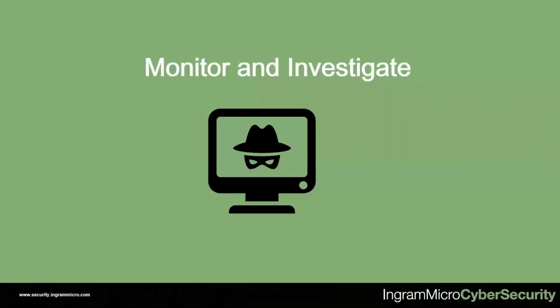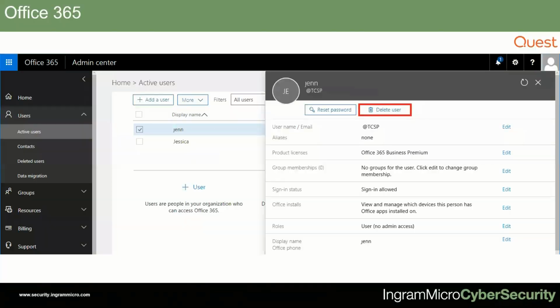Second is monitor and investigate. When it comes to monitoring and investigation, as I said, it's very essential to have complete visibility of the logs that you collect, right? So here is an example of Office 365.